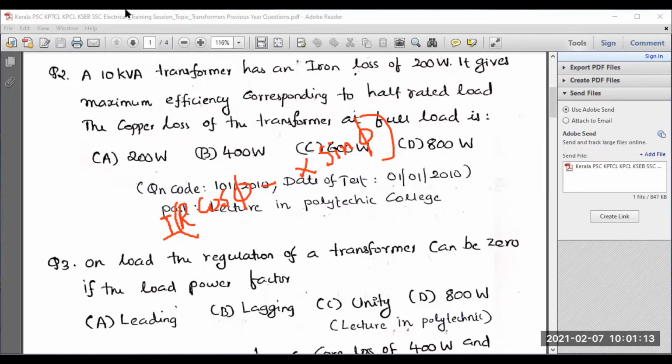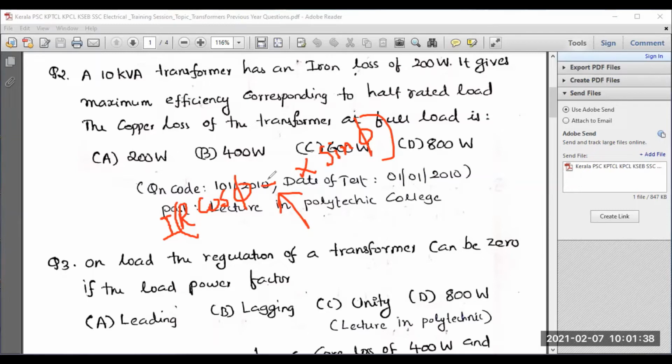See the sign, it is very important here. For leading condition, the regulation sign will be negative. So there is a chance that on-load regulation of the transformer can be 0 when the load power factor is leading. Leading means the sign is negative, so there is a possibility that the regulation becomes 0. Clear?